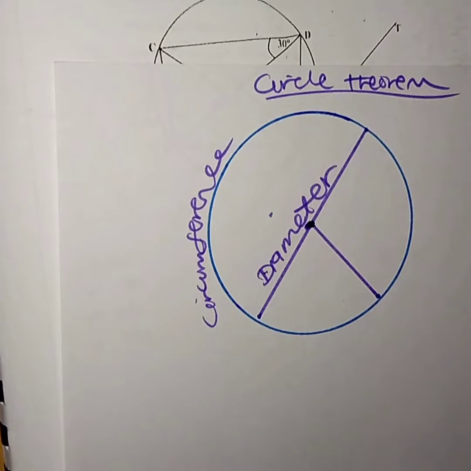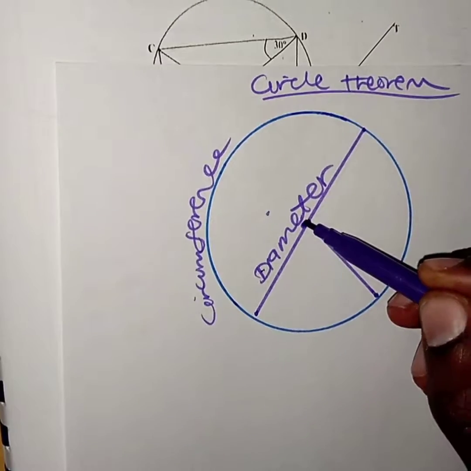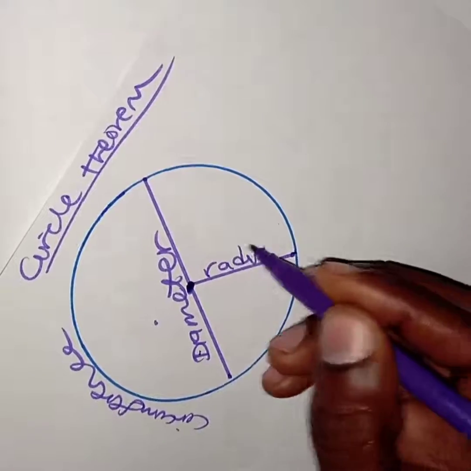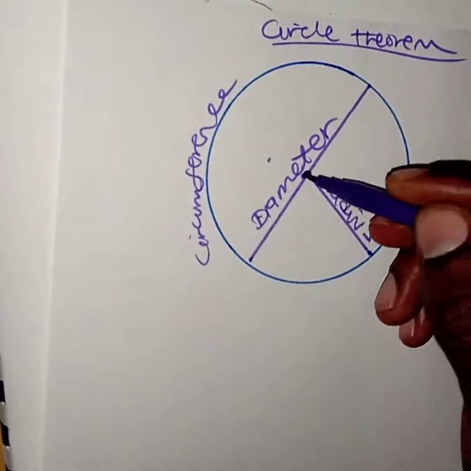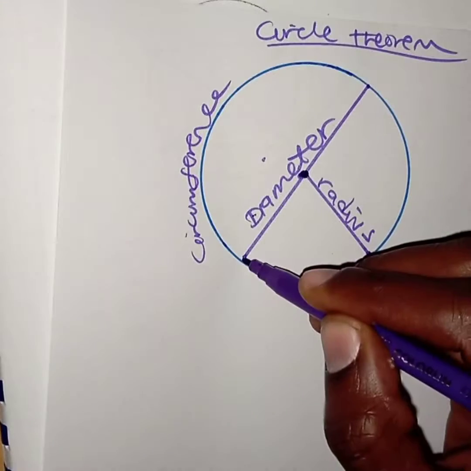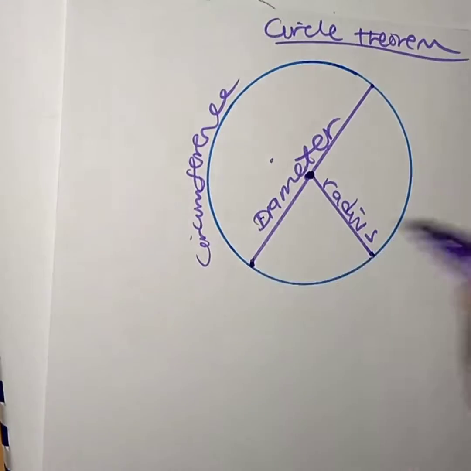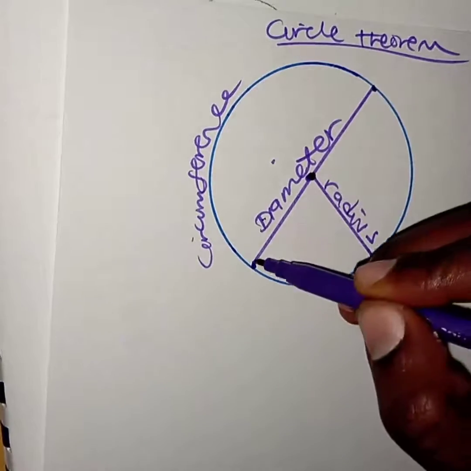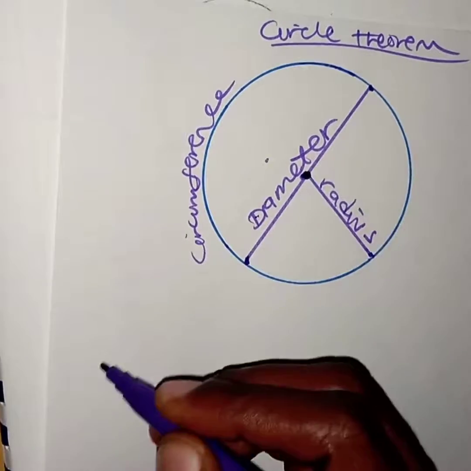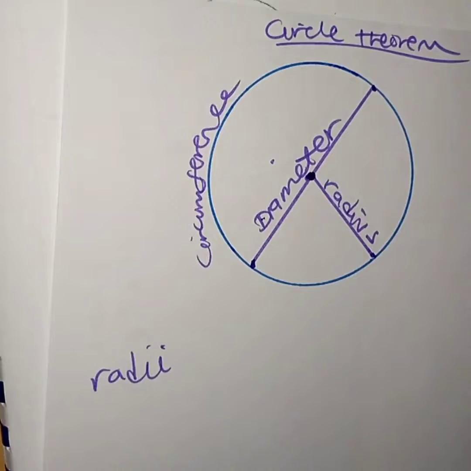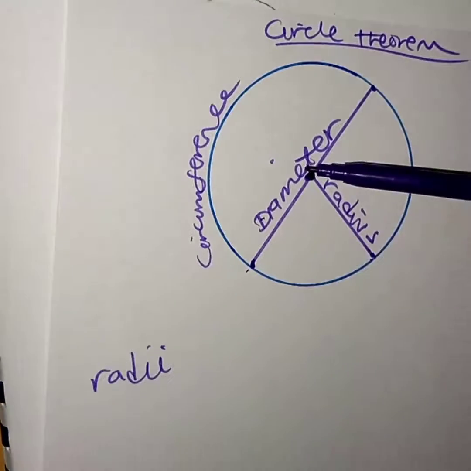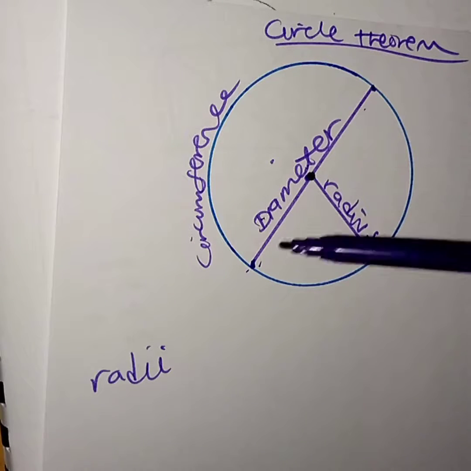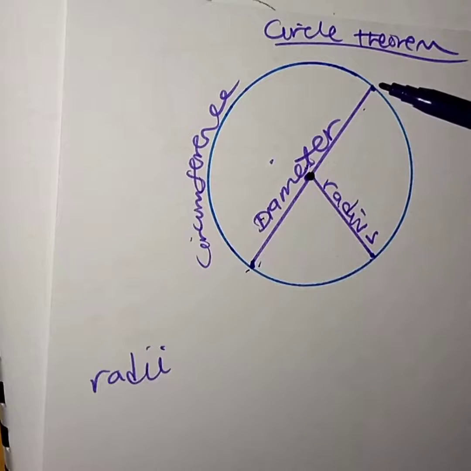This line from the center touching the circumference, we call it a radius. Even this one is a radius because it is also touching the circumference. The plural form for radius is radii. When two radii are connected in one line, they make a straight line and it makes a diameter. So a diameter has got two radii.